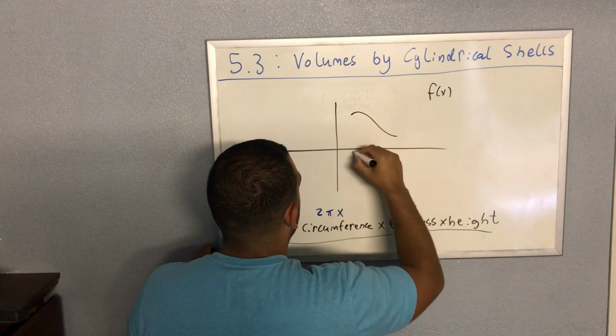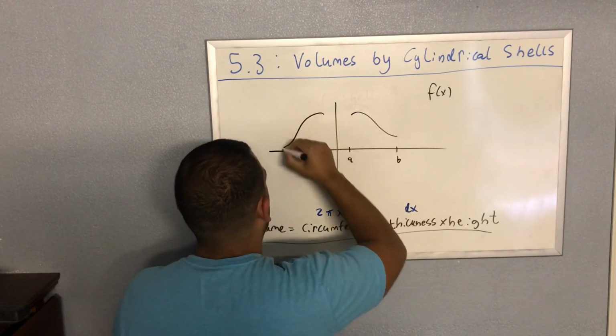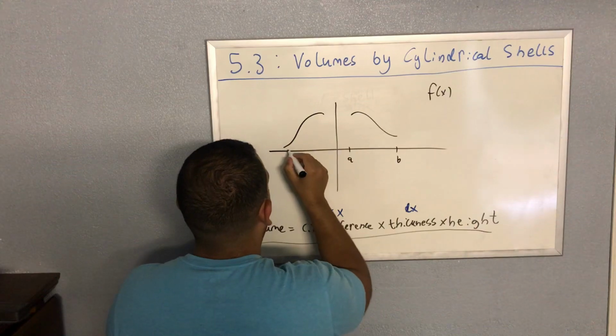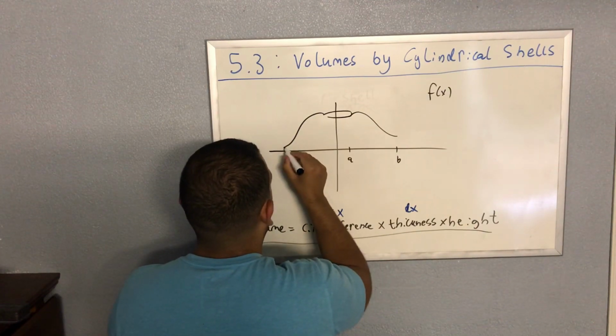So let me redraw this. This is A, this is B. When you reflect it, it looks like that, kind of. And then we get this bowl looking thing.